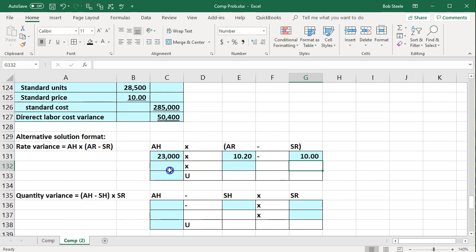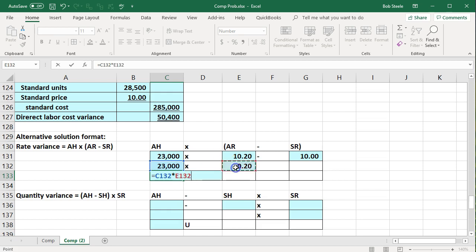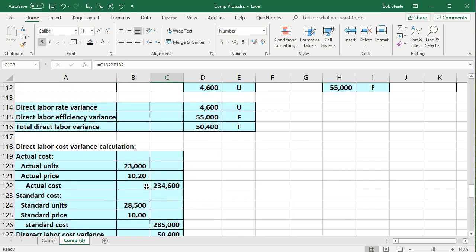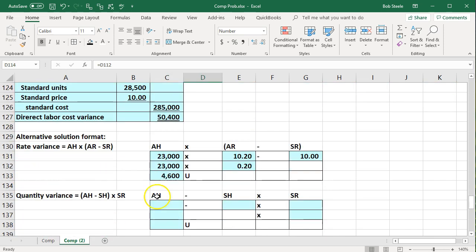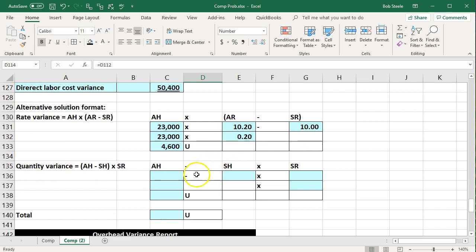And then I'm just doing the algebra. I'm going to do the subtraction first, equals the 10.2 minus the 10. And we'll just bring down the 23,000 on this side, and then multiply that out. So this equals the 23,000 times the 0.2, 4,600. That should be equivalent to the 4,600 we have up top. So just another way to calculate this using a formula.